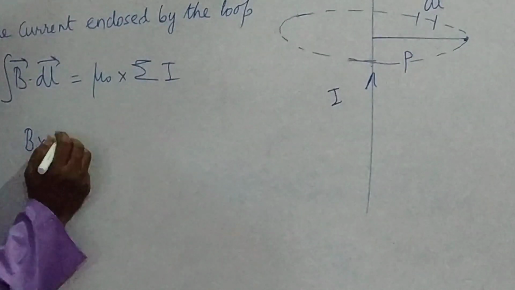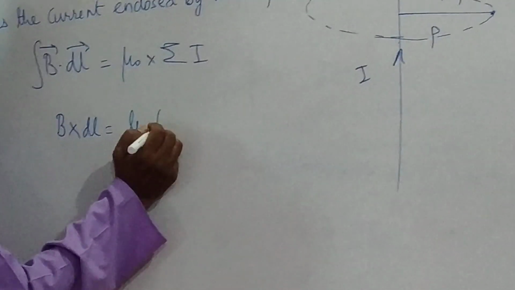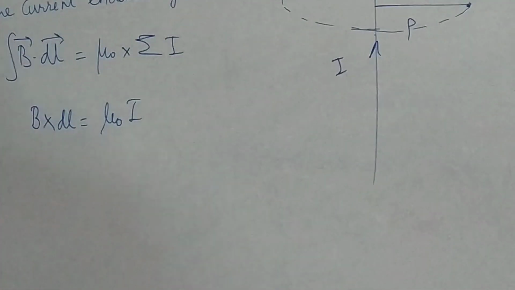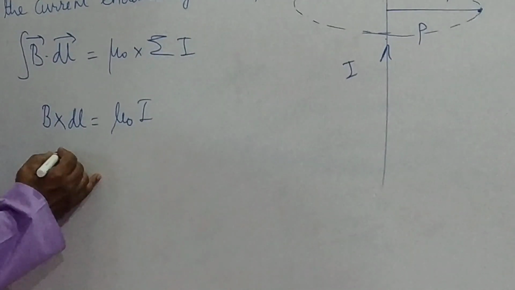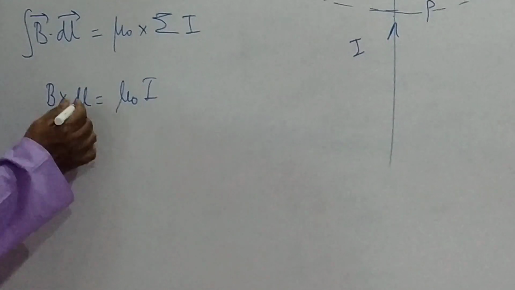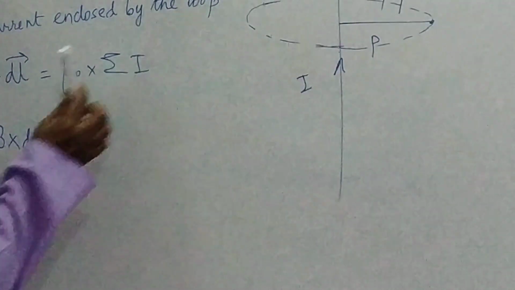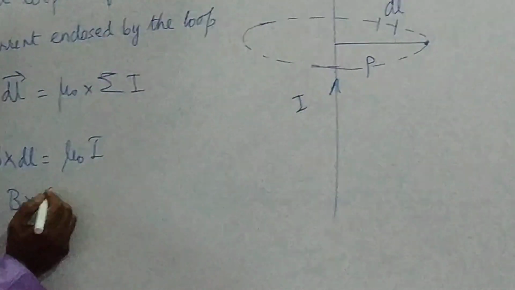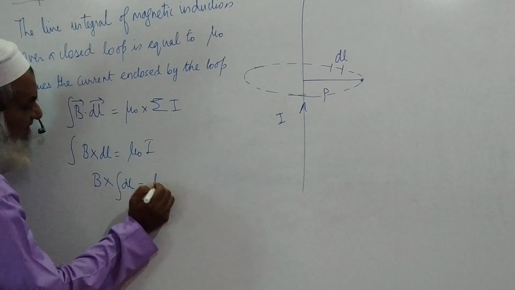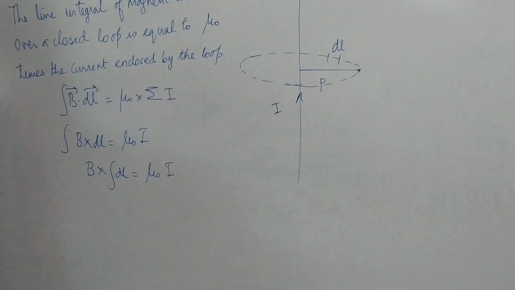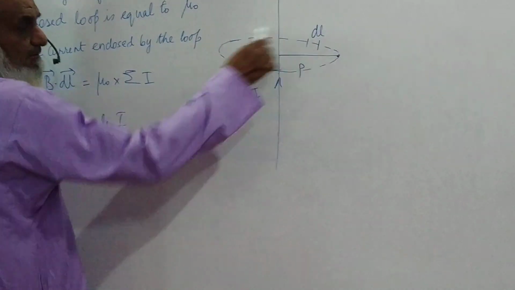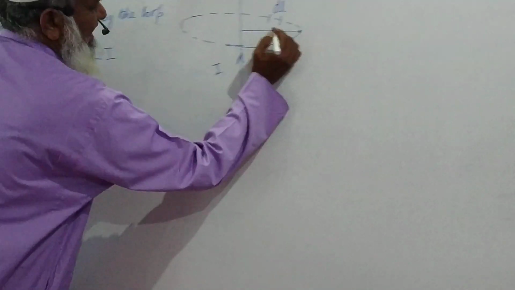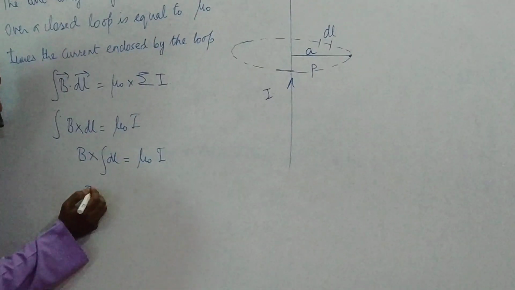So B into dl is equal to mu naught into the summation of all the currents which are enclosed by the loop, I. So I can write B into the integration of dl equals mu naught into I. If I integrate all these dl's, I should get the circumference, that is 2 pi a, if I am calling this distance a.